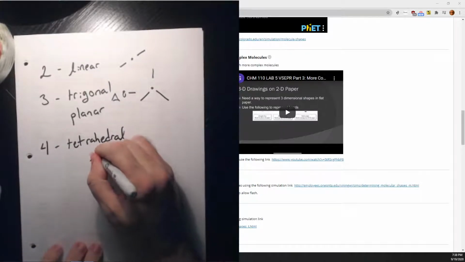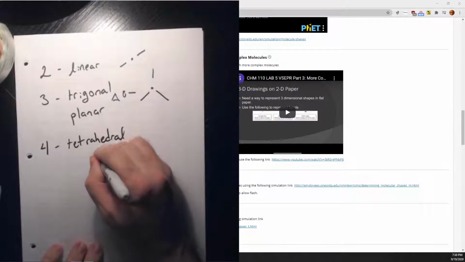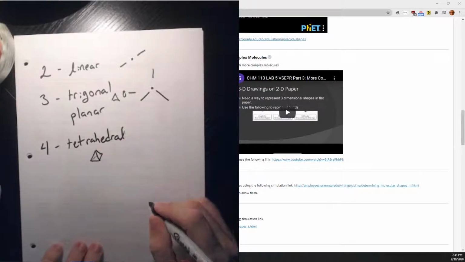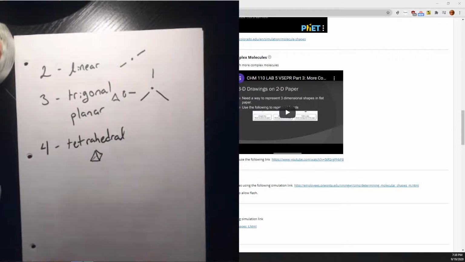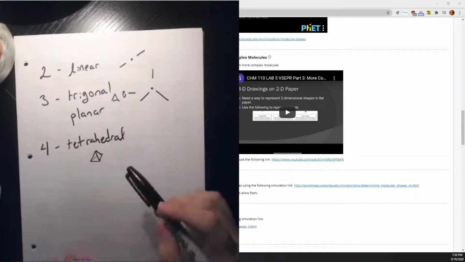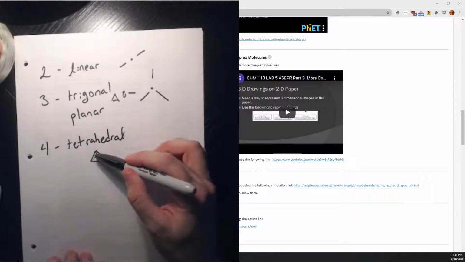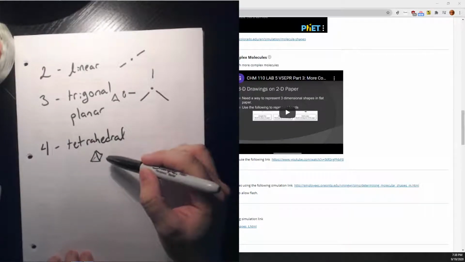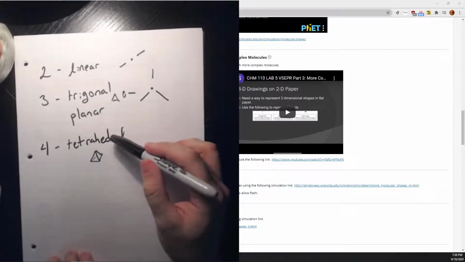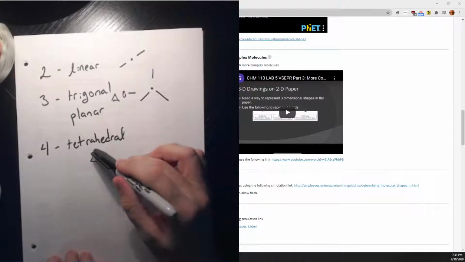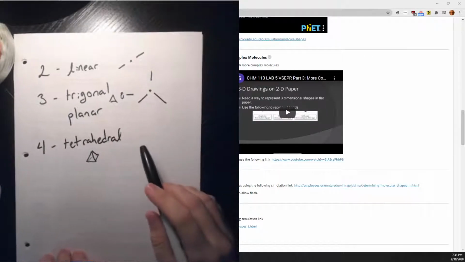So this is not your traditional Egyptian pyramid. It doesn't have a square base. It has a triangular base. So the atom would be at the center of this tetrahedron, and then the 4 electron domains point to the 4 corners of the tetrahedron.